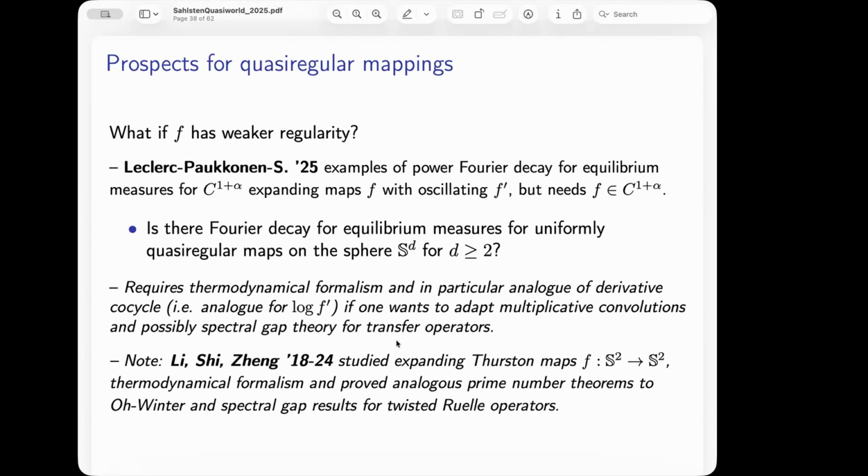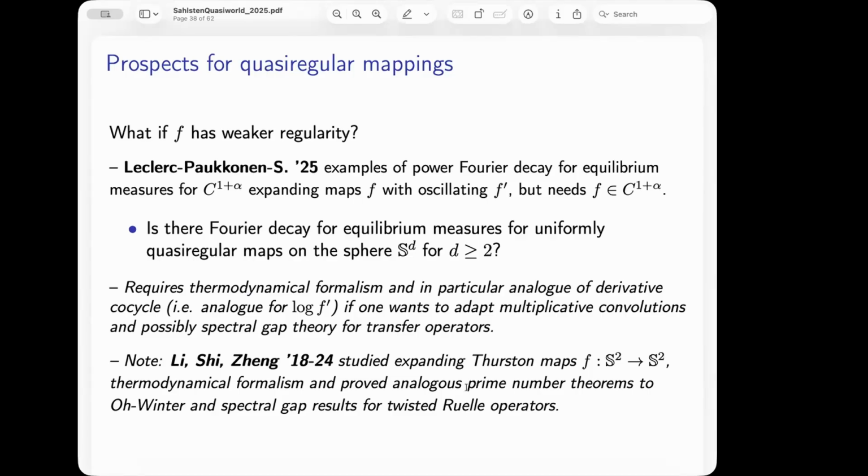I'm not too familiar with this problem, so I've been trying to talk to some people who know more about this. In the case of S2, there were papers of Li, Shi, and Cheng that studied the analog of these prime number theorems, with twisted transfer operators for expanding Thurston maps.